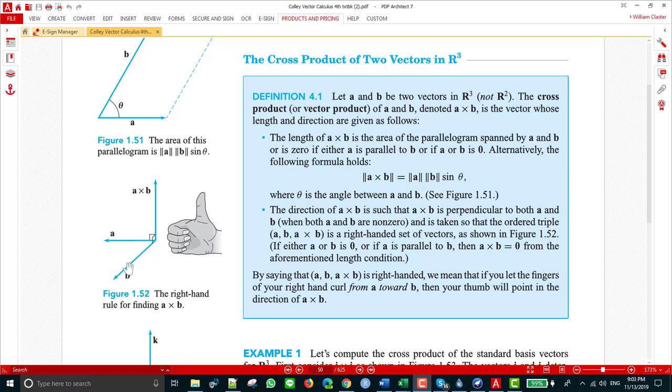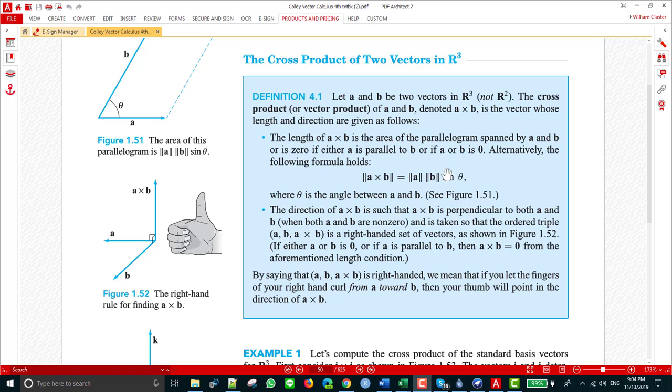It's going to be largest when A and B are perpendicular. Given a particular length A and a particular length B, if you take those two vectors and you want to take their cross product, the cross product will be largest when the two vectors are perpendicular.